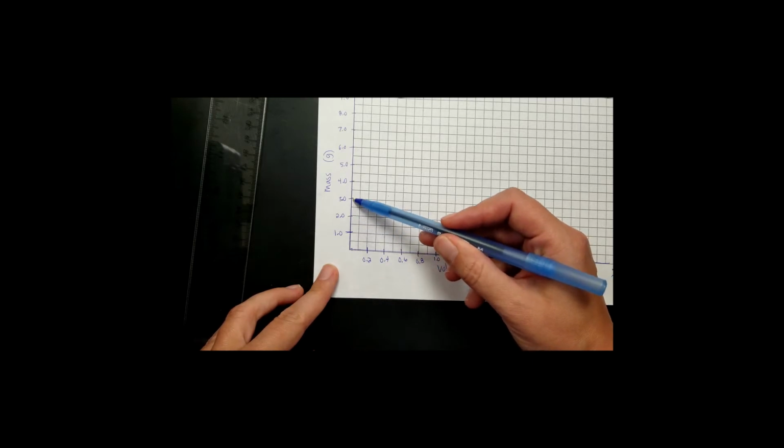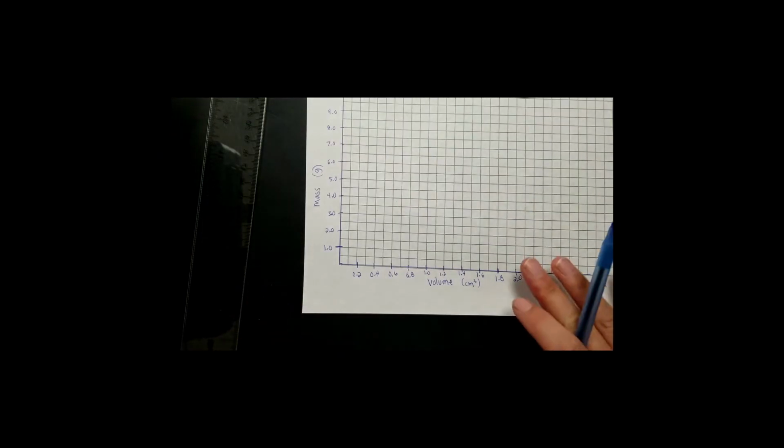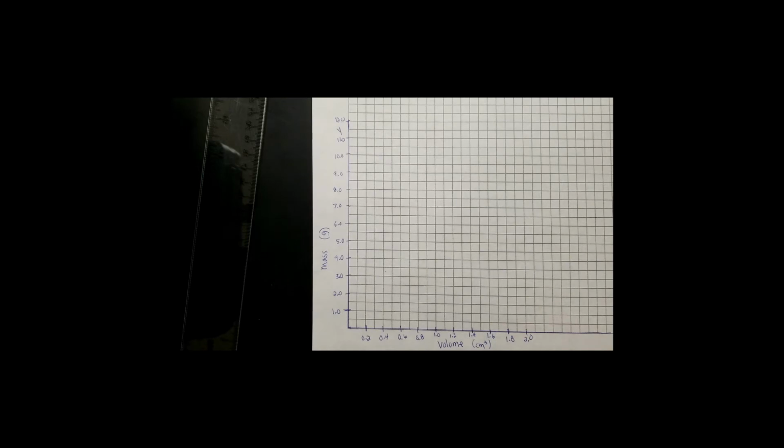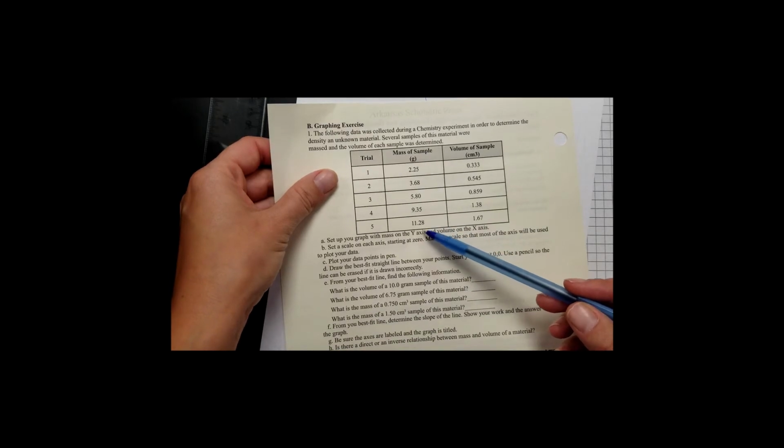Next 2 boxes worth 1 gram total, I'm at the 3. 4, 5, so on and so forth. Notice I went all the way up to 12 because my data goes up to 11.28. So I need to make sure I go large enough to get to all my data on the graph.